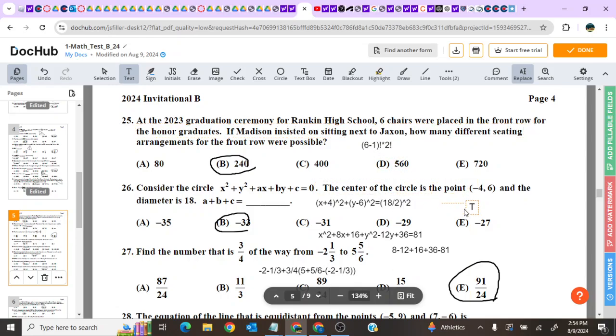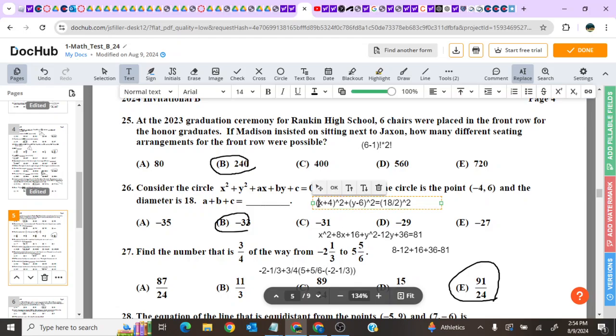Consider the circle. The center of the circle is point (-4, 6). Diameter is 18. What is A plus B plus C? Well, if the center of the circle is those points, we can write it in terms of an equation. So x plus 4 and y minus 6, counteracting the -4 and the 6, so that the center of the circle happens at x equals -4 and y equals 6.